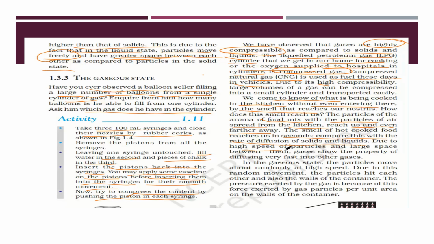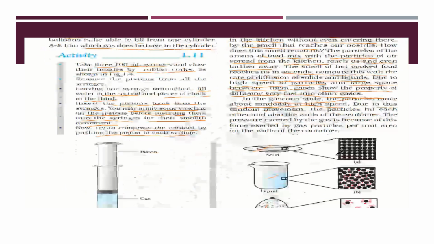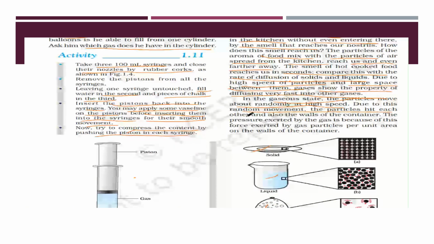Due to the high speed of particles and the large space between them, gases diffuse very fast, faster than liquids also. So the diffusion of gas is at the fastest rate. In the gaseous state, the particles move about randomly at high speed. Due to this random movement, the particles hit each other and also the walls of the container, and the pressure exerted by the gas is because of the force exerted by the gas particles per unit area of the container.